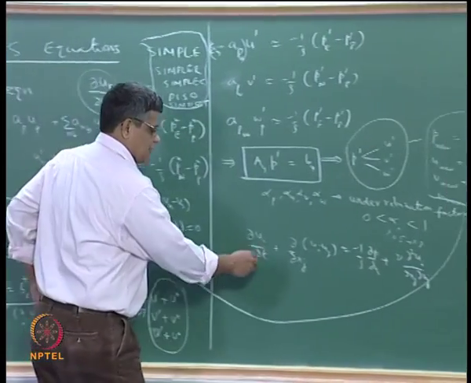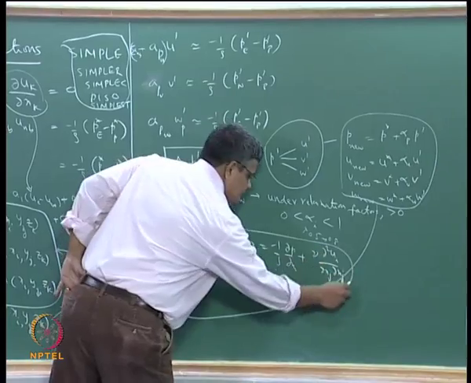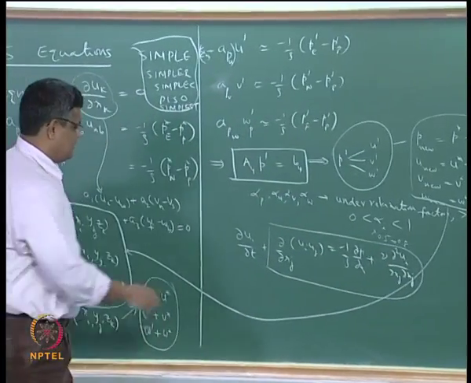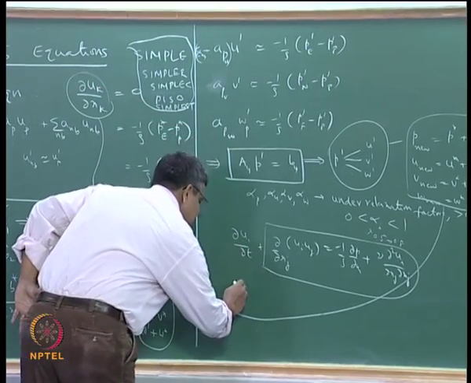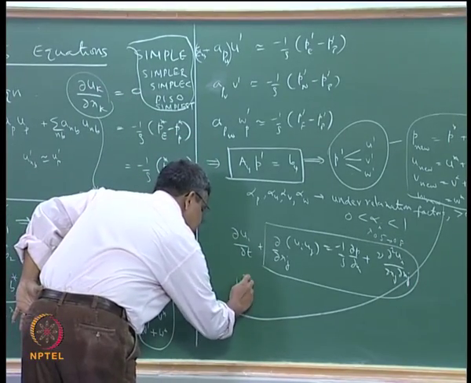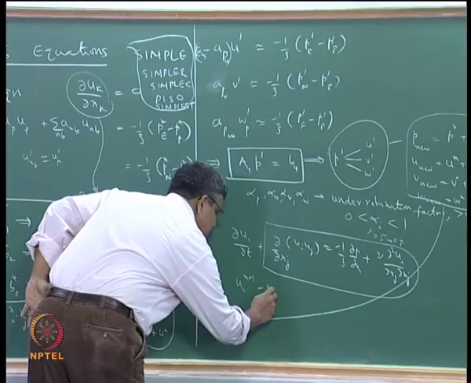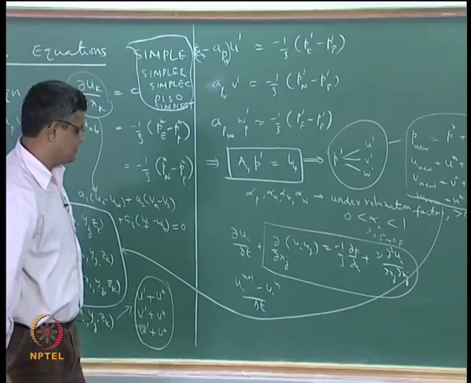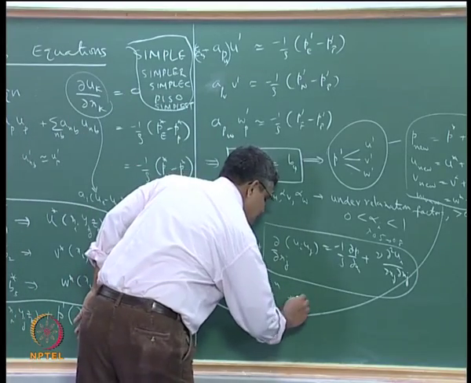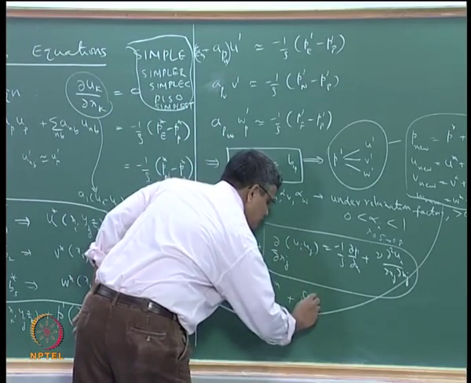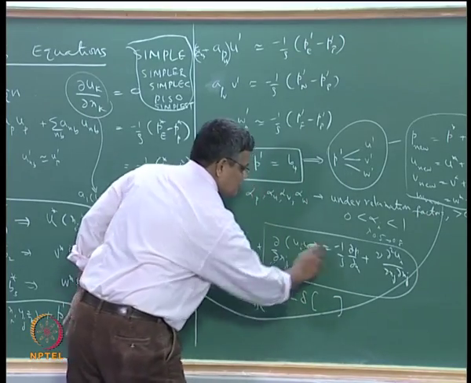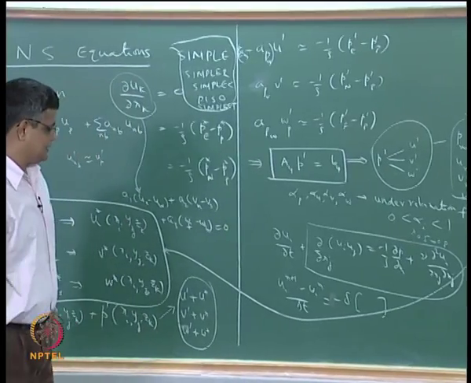So far we have looked at this part. For this part alone we have gone through this, and we can write this whole thing as (ui^(n+1) minus ui^n) by delta t, depending on what kind of discretization scheme, plus the discretized form of this whole thing is equal to minus of the discretized form of this thing.